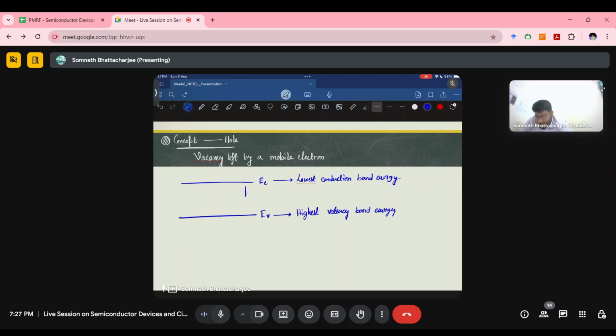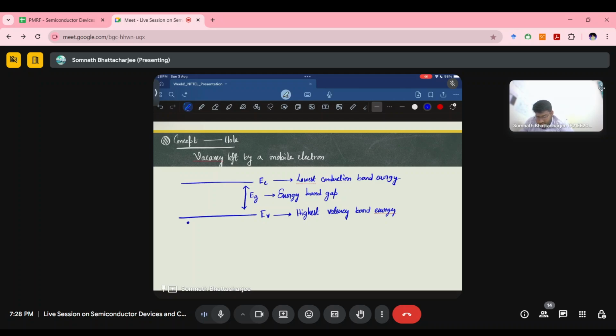And there is a gap of EG, that is the energy band gap. So this gap is the difference between these, that is EC minus EV, the energy band gap between these two.